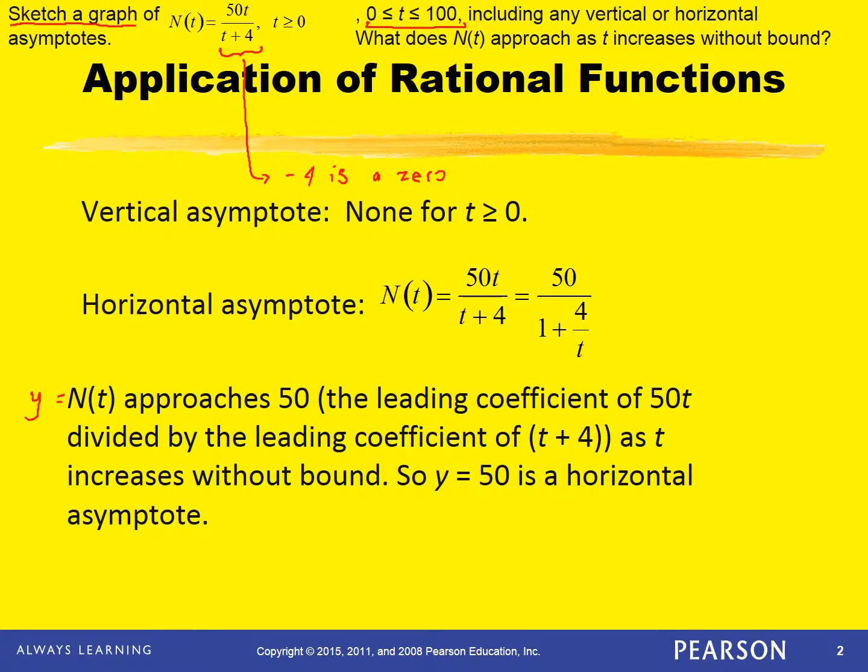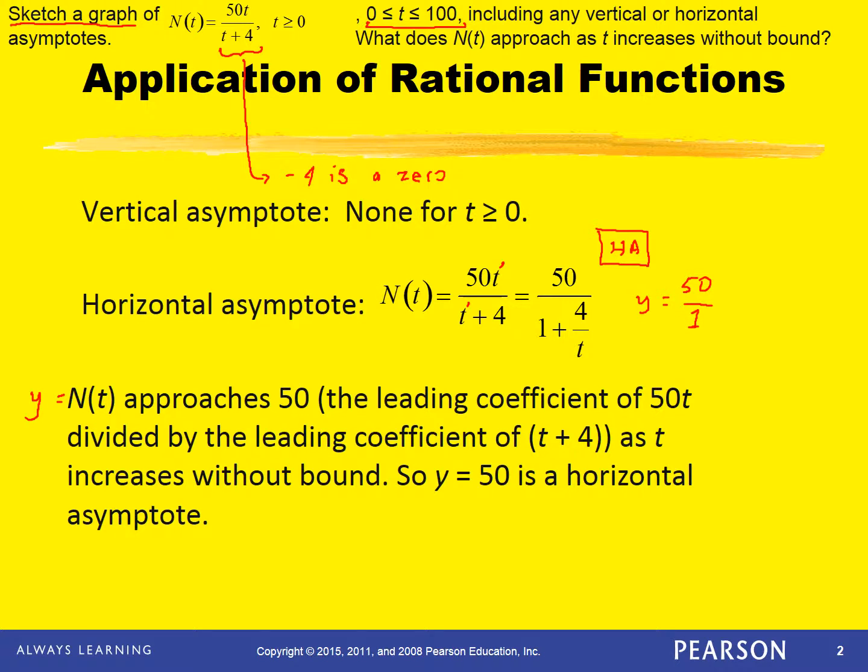It approaches 50: the leading coefficient of 50t divided by the leading coefficient of t plus 4. Because the degree of the top, which is 1, is the same as the degree of the bottom, which is 1, by the rule that we learned, the horizontal asymptote is the line y equals the ratio of the lead coefficients, 50 over 1.